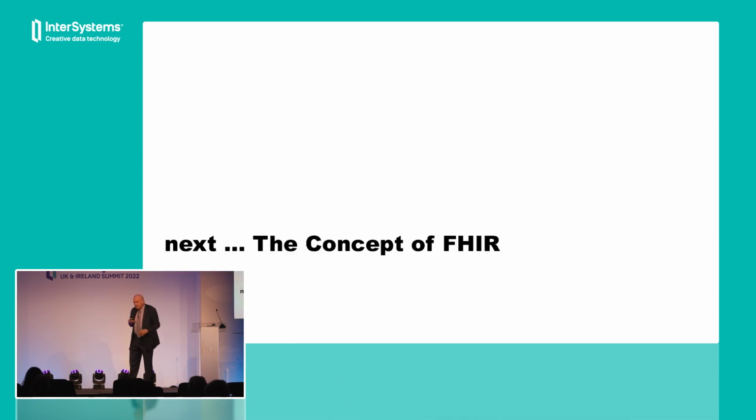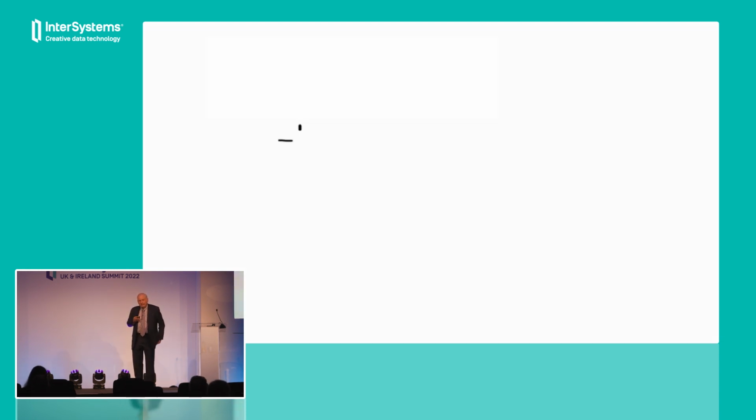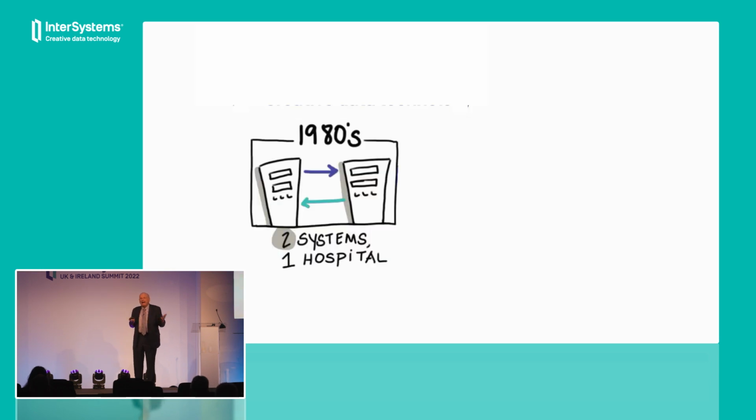So next, I want to talk about the concept of FHIR. And as I said, I'm not going to be any more technical than you need to be to use the internet every day. And I'm going to start out by going back to when interoperability in healthcare really began. And that was in the 1980s.